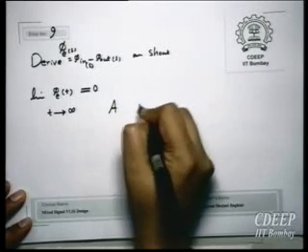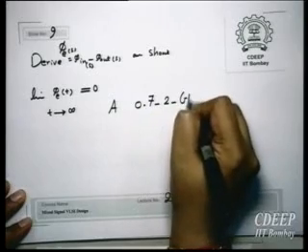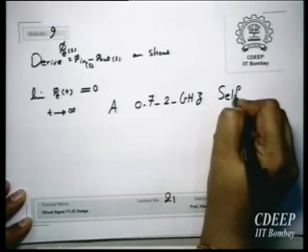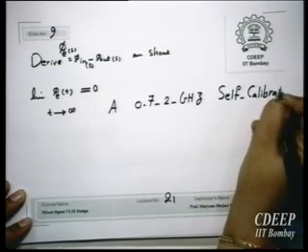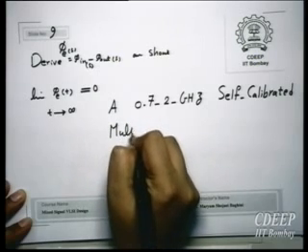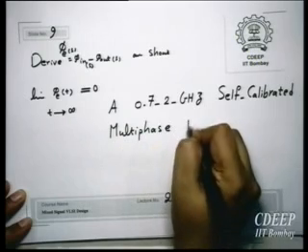So, 0.722 gigahertz, self-calibrated, multi-phase DLL.